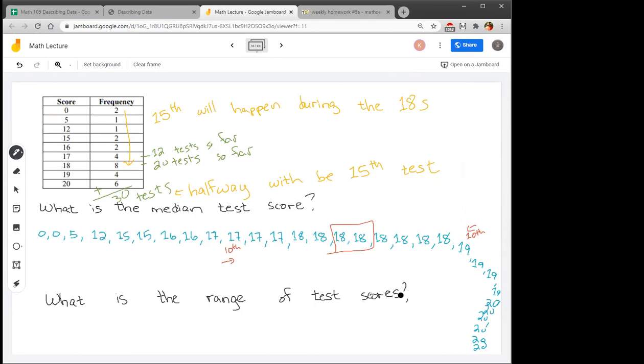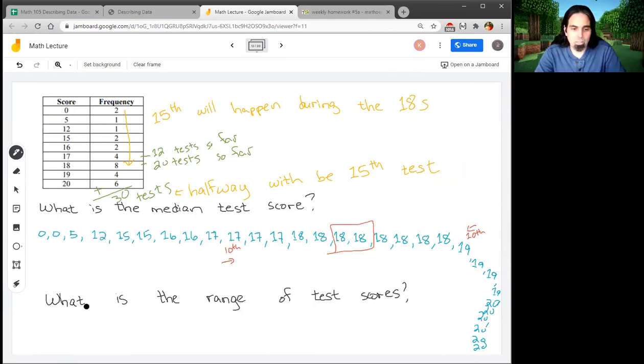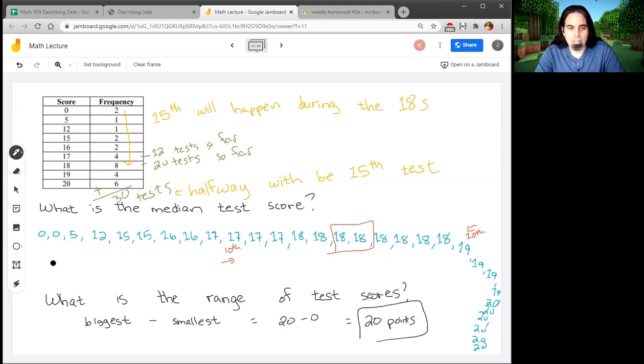Going to be 0 to 20, right? The biggest minus smallest. So a difference of 20 points or whatever these are.